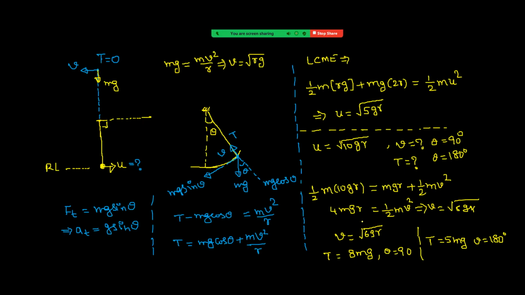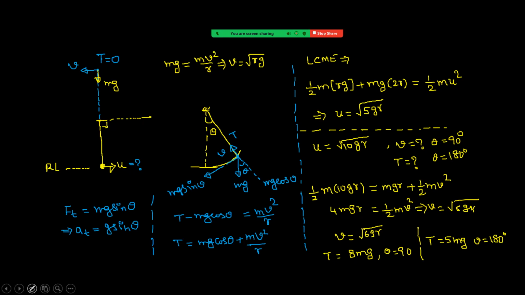Let us now discuss some special cases, like if velocity is not equal to root 5gr. We told that if velocity is root 5gr or more than this, it is able to complete vertical circular motion. But if it is less than root 5gr, what happens?